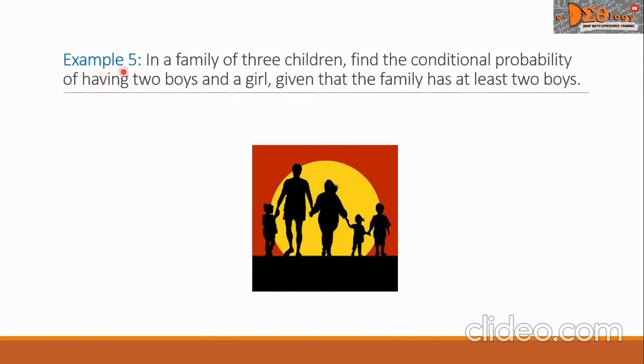Let us have example 5. In a family of 3 children, find the conditional probability of having 2 boys and a girl, given that the family has at least 2 boys.